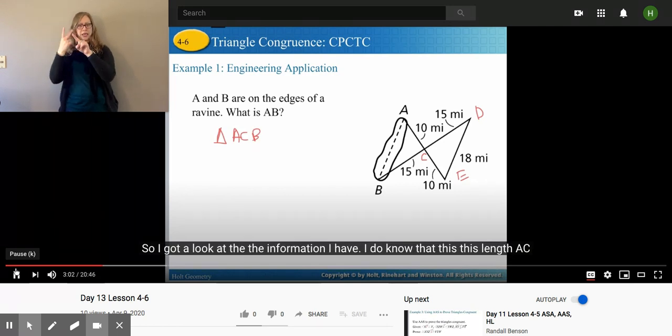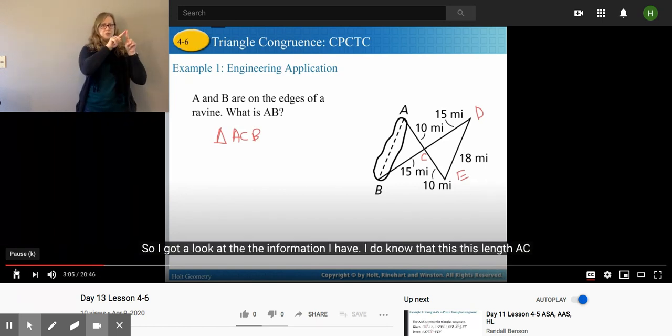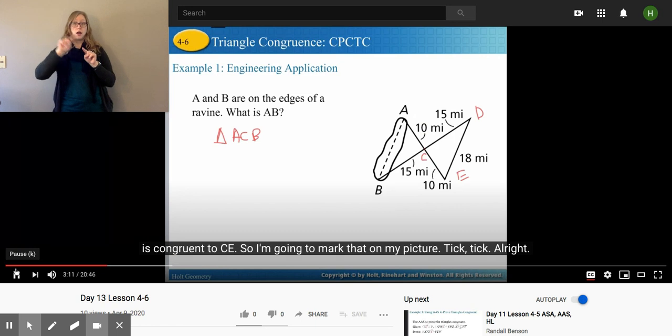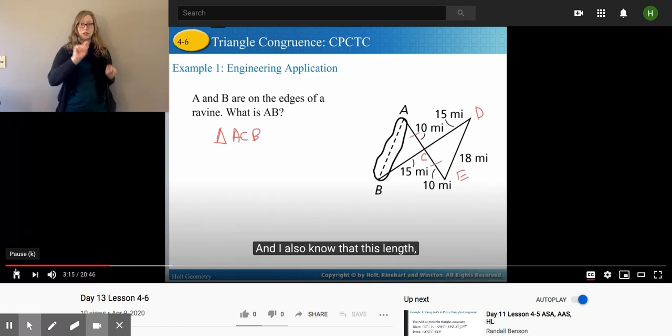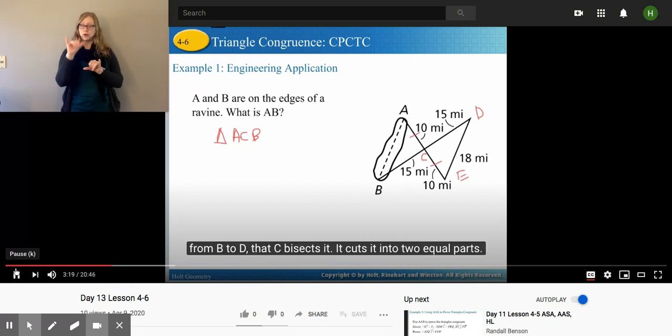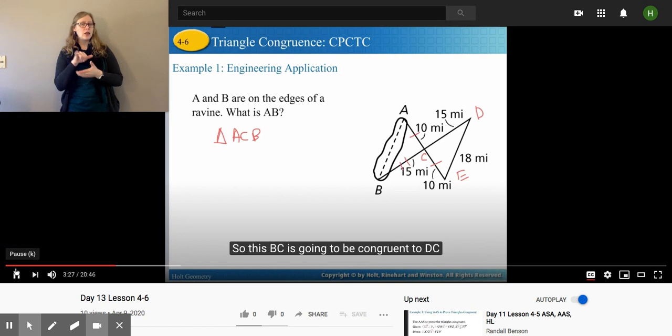So I've got to look at the information I have. I do know that this length AC is congruent to CE. So I'm going to mark that on my picture. Tick, tick, right? And I also know that from B to D, C bisects it. It cuts it into two equal parts. So this BC is going to be congruent to DC.